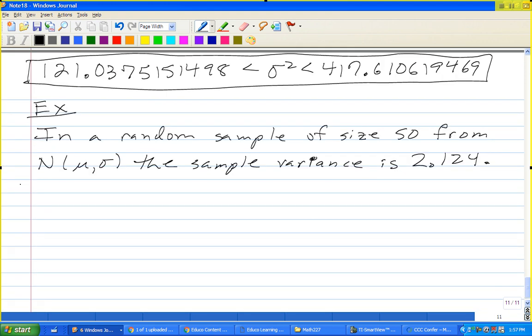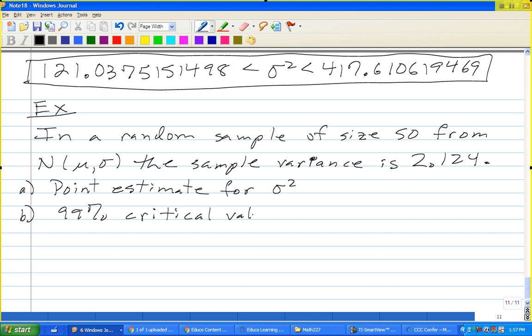First, the point estimate for the population variance. Next, the 99% critical values for chi-squared. And last, a 99% confidence interval for estimating the true population variance.